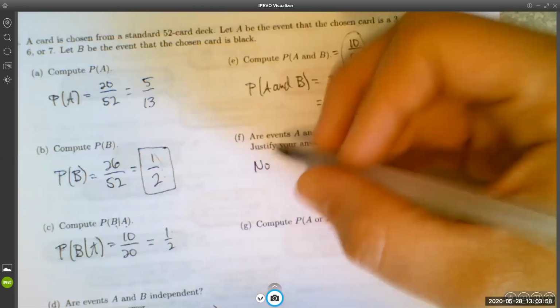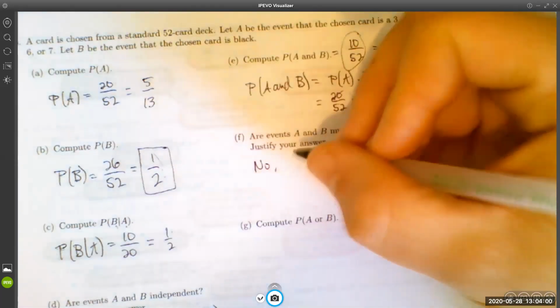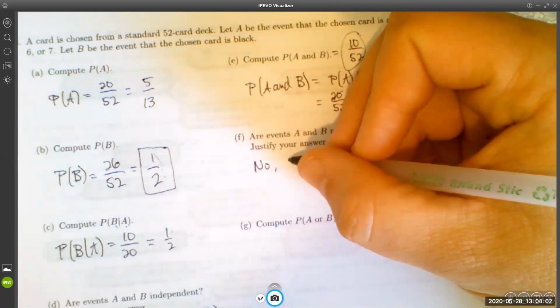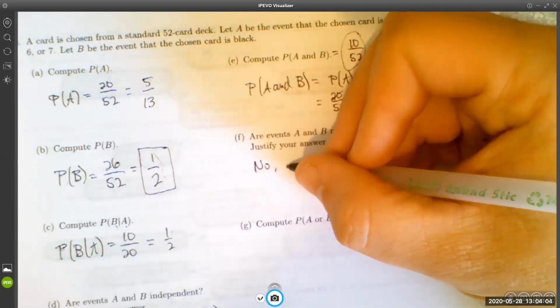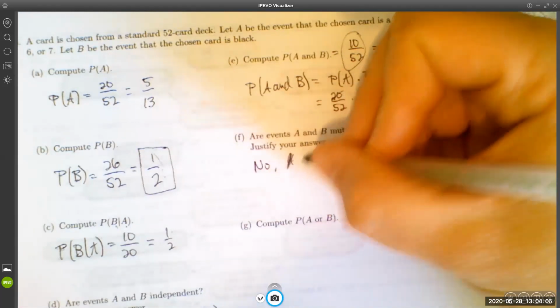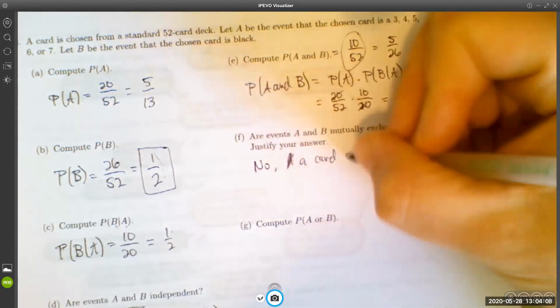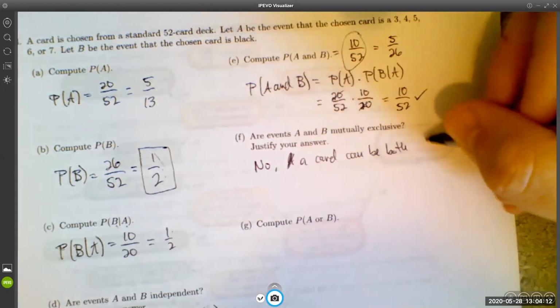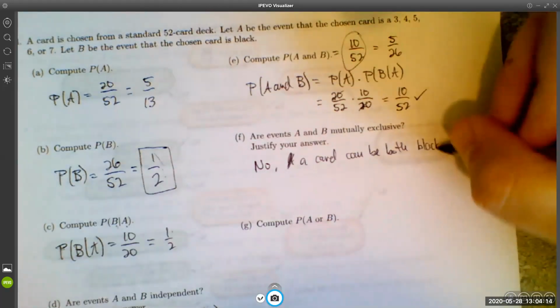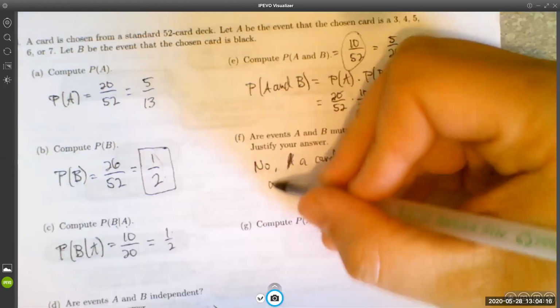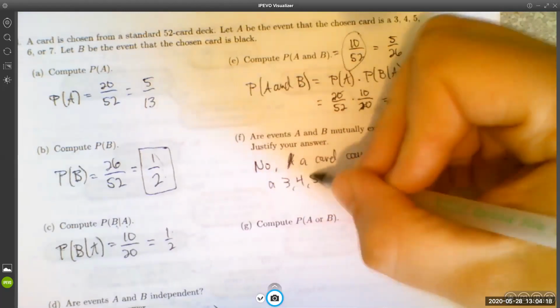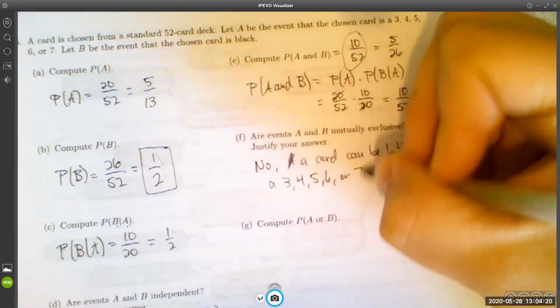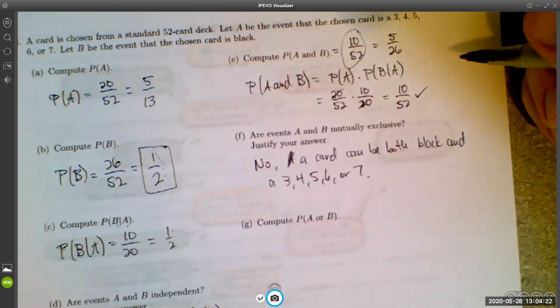So no, a card can be both black and a 3, 4, 5, 6, or 7. So the events are not mutually exclusive.